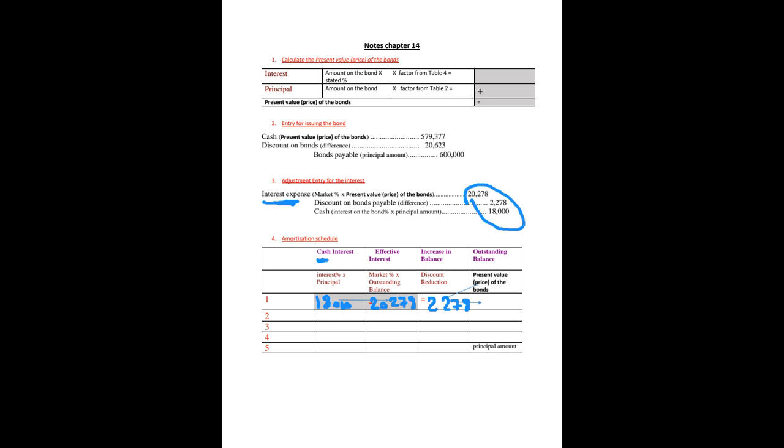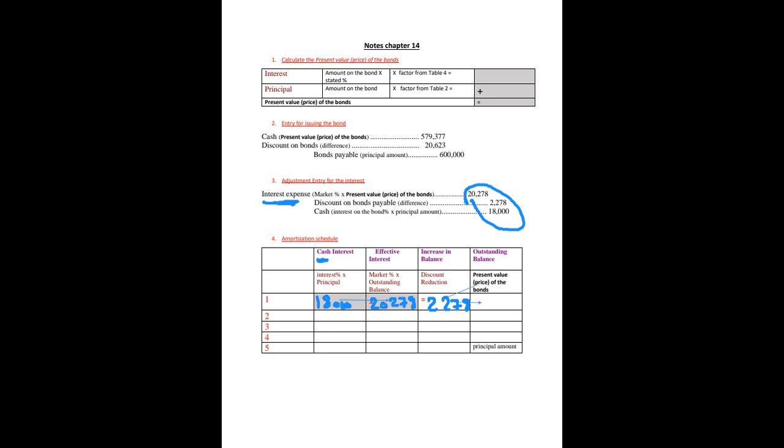Next step is how does it show in the balance sheet or the financial position? How does this bond show in the balance sheet by the end of each year? Okay, first we have to start with the bond payable in the liability part. Of course, under the liability, you will write first the bond payable.